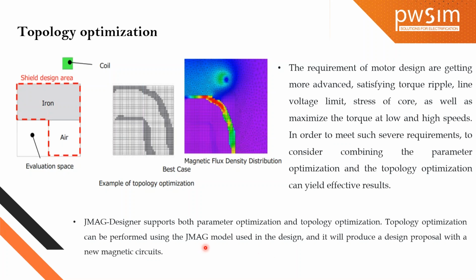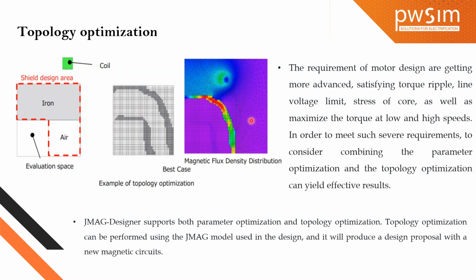Topology optimization can be performed using the JMAG model used in the design, and it will produce a design proposal with a new magnetic circuit. In this case, this is the evaluation space. It's an iron sheet and this is air. This is just an example of the shield design area. This is a coil. Because of the current in the coil, it will produce a magnetic flux in the iron part, and you can see the magnetic flux density distribution in the iron region.